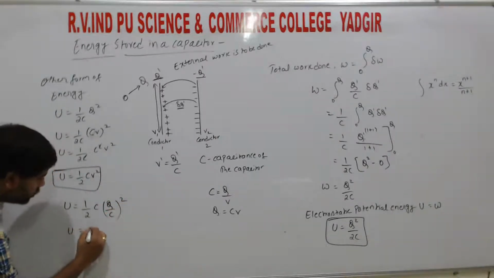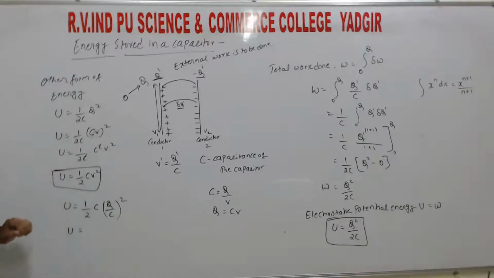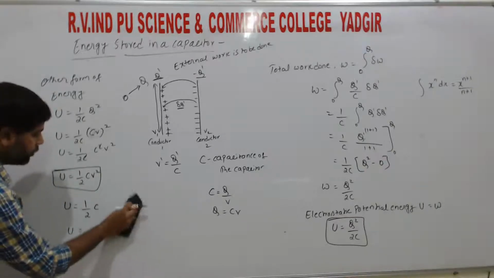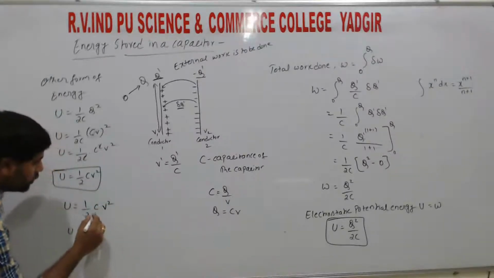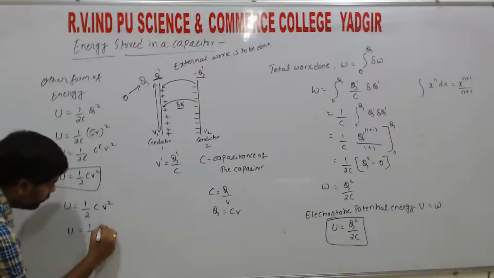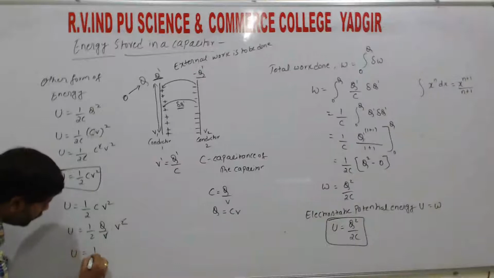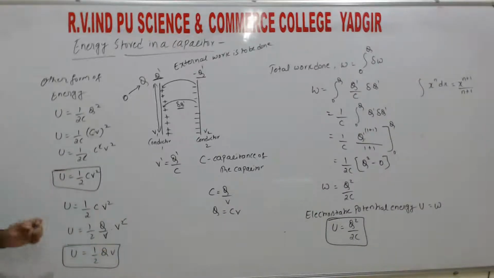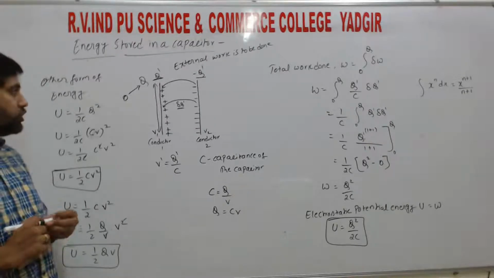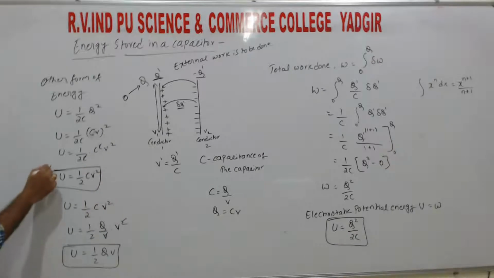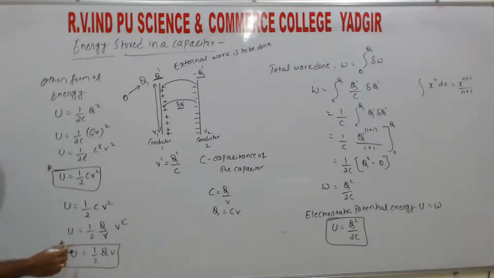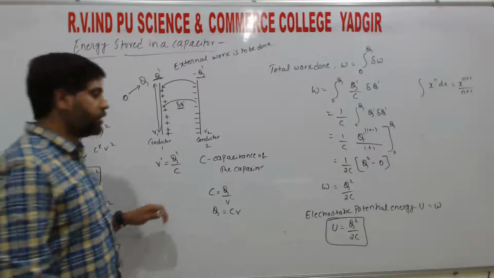So U is equal to, sorry, it's the same relation, CV square. So C is equal to Q by V, Q by V into V square. So V gets cancelled. U is equal to 1 by 2 Q into V. So these are the three forms of the energy which is stored in a parallel plate capacitor, right? So these will be helpful while solving problems, right?